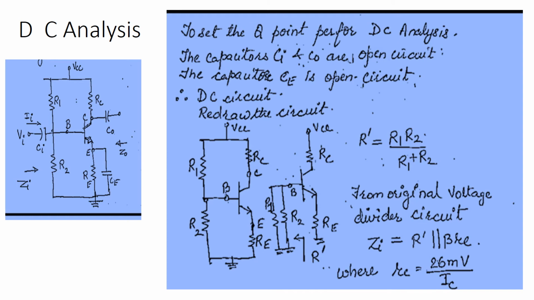So R dash is R1 R2 upon R1 plus R2. From the original voltage divider network, input impedance ZI is R dash parallel beta times RE. Your RE is equal to 26 millivolts upon IC. As I told you, in some cases IE is replaced by IC.